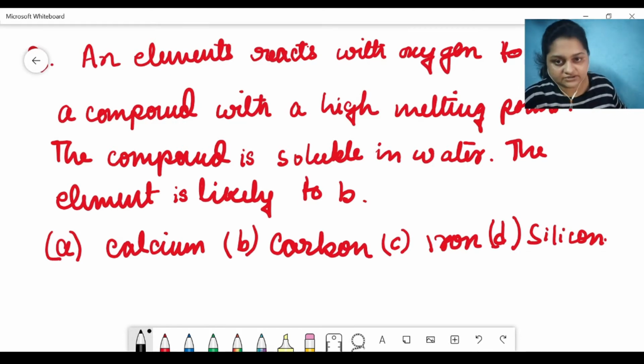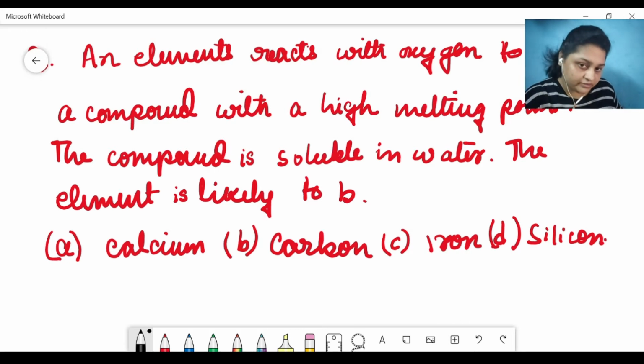Now there are two pieces of information given regarding the oxide: one is that the melting point is extremely high, and the second is that the oxide is soluble in water. For carbon dioxide and silicon dioxide, the melting point is not that high, whereas for iron oxide the melting point is extremely high.